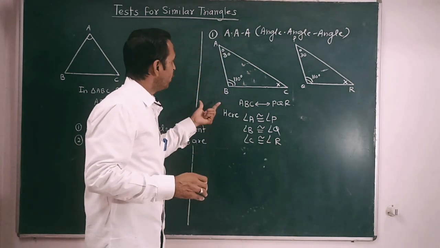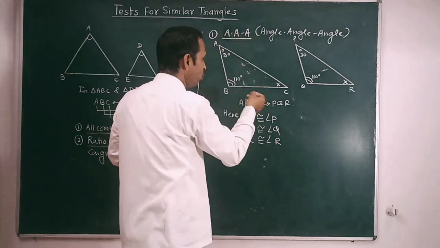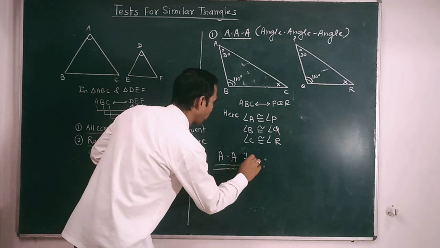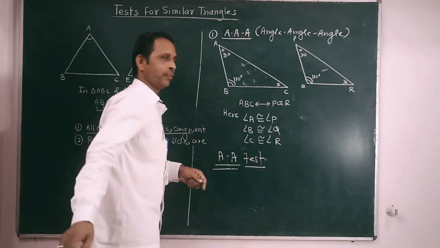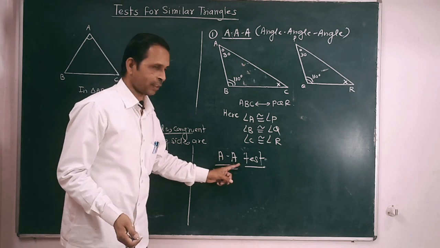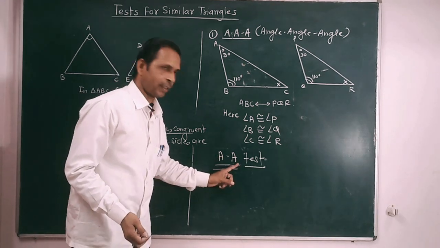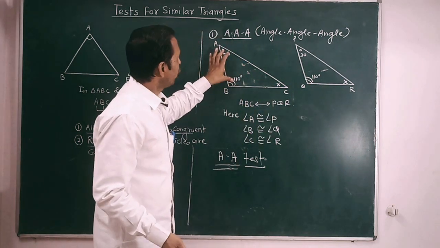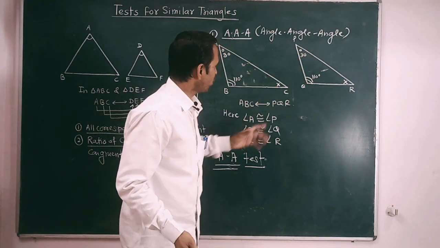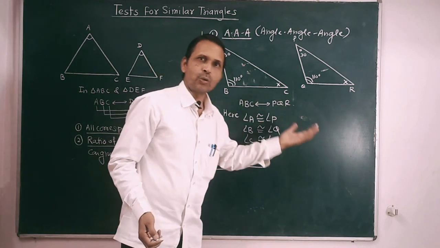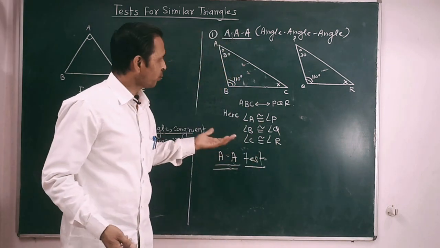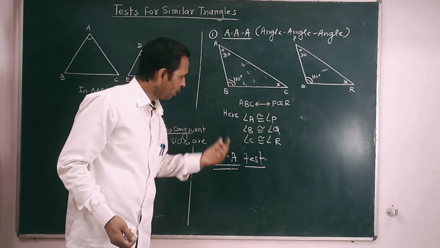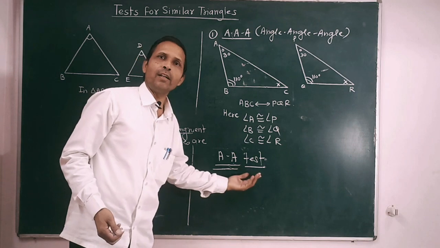And hence this test we reduce to the AA test, meaning the angle test. It is not necessary to show that the third angle is congruent. Only two angles of one triangle are correspondingly congruent with the two angles of the other triangle. That's why we say that these triangles are similar by the angle test.